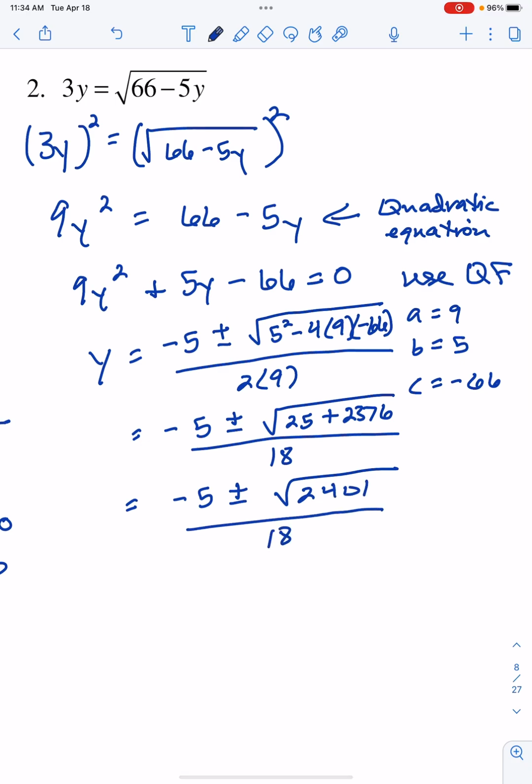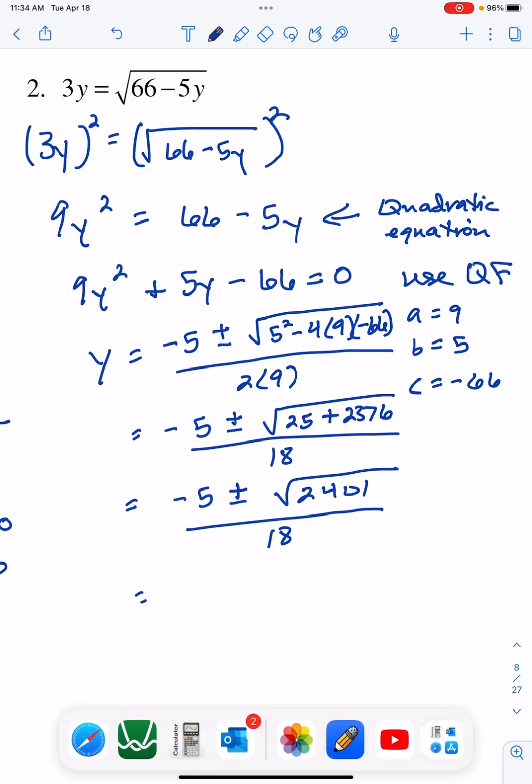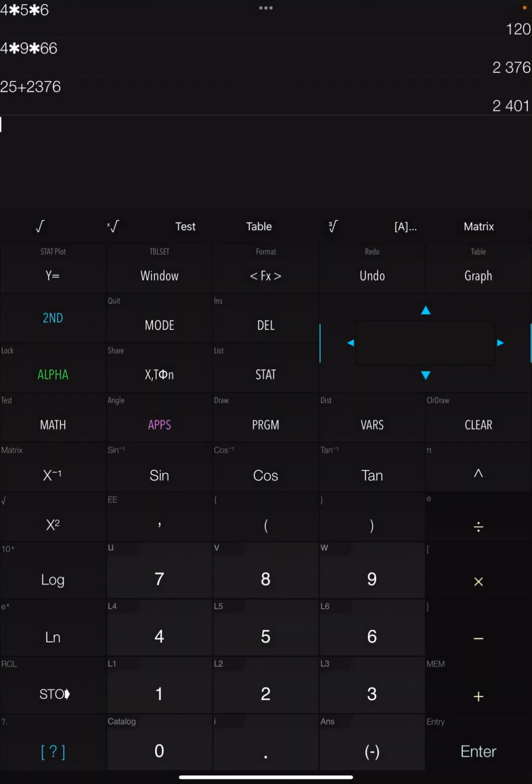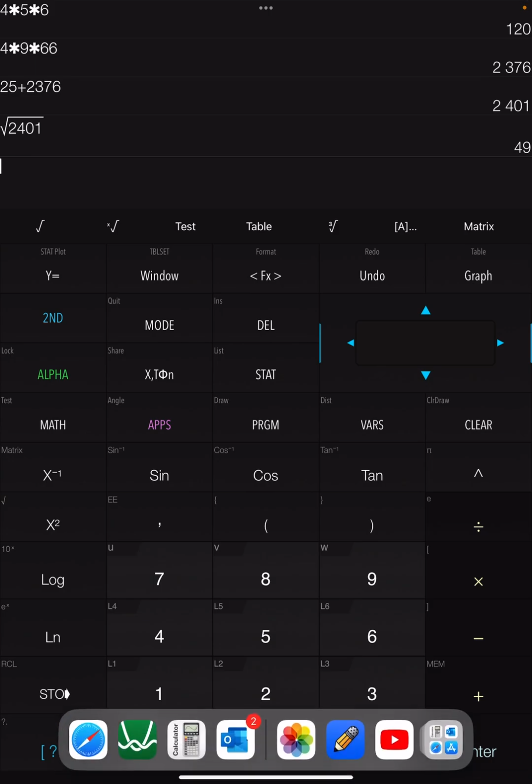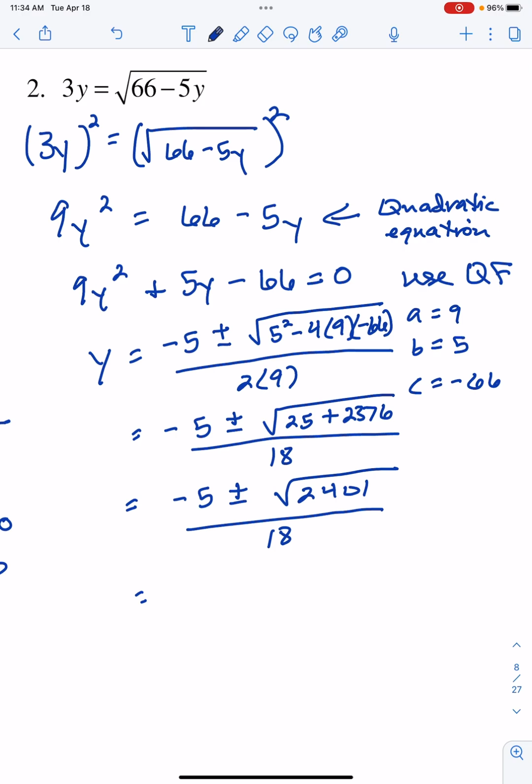All over 18. Now I usually with my calculator will take the square root of that first and see if you can. So I would say, can I take the square root of 2401? Actually I can. I get 49, which means this is negative 5 plus or minus 49 over 18.